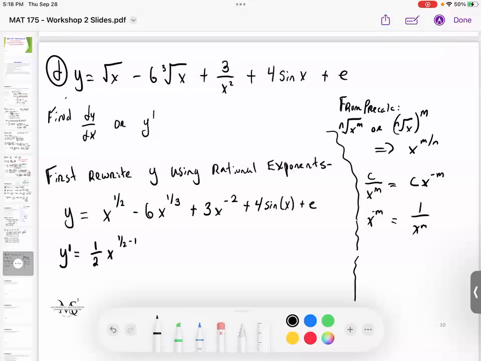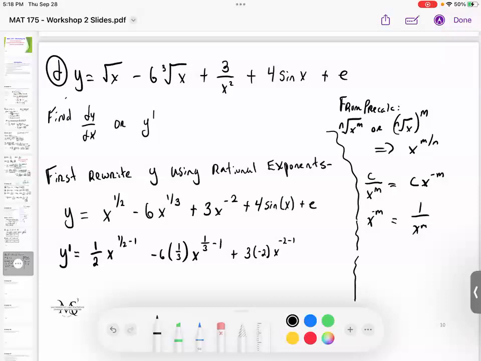In the next term, we're going to have -6 multiplied by 1/3, because now I have to bring down my exponent of 1/3, times x to the power of 1/3 minus 1. Next, I'll say 3 times -2 times x to the power of -2 minus 1.